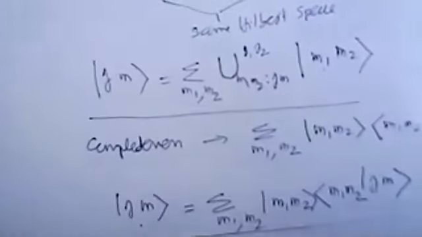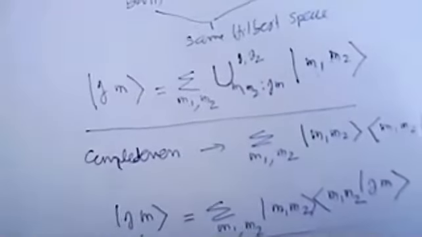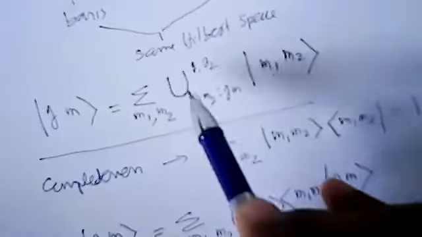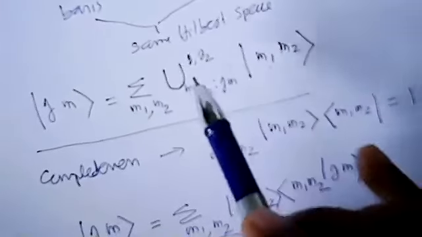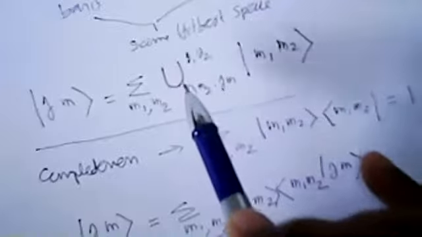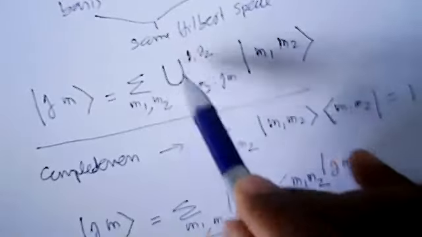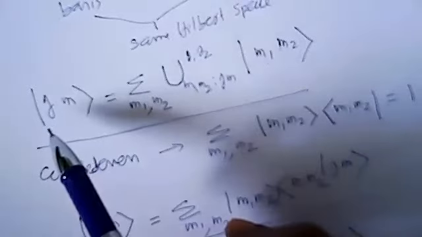So our problem is to determine, now addition of angular momenta means you find the U. So all our attempt is now going to find what is U. If you find U, you put it here, you will get the final result. Final eigenstate you will get if you know the initial eigenstates and U.